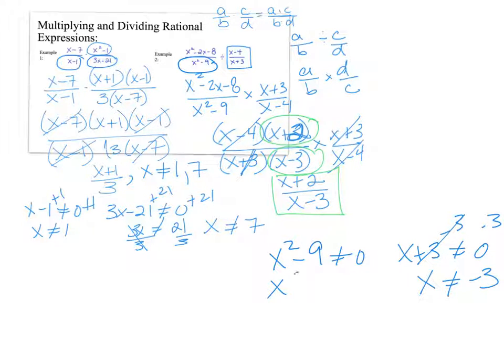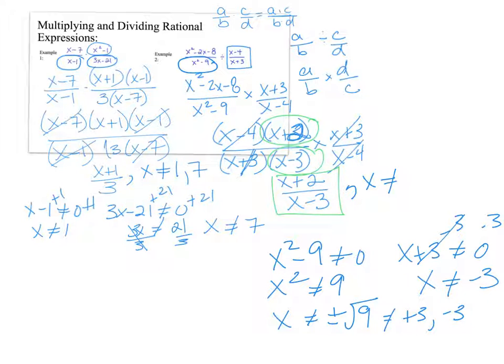And then on this side, we get x squared can't equal positive 9, and then x can't equal plus or minus the square root of 9, which means that it can't equal plus 3 or negative 3. So our domain will be x not equal to plus or minus 3 in this case.